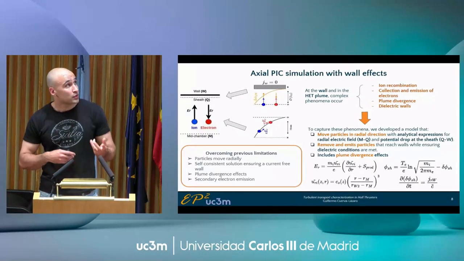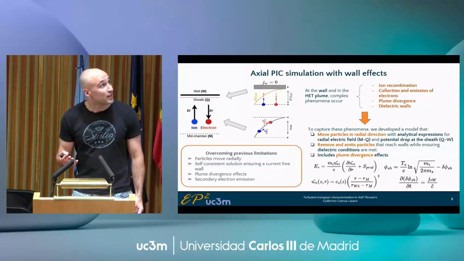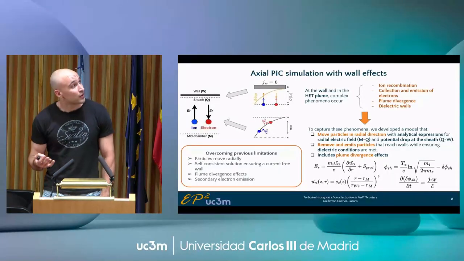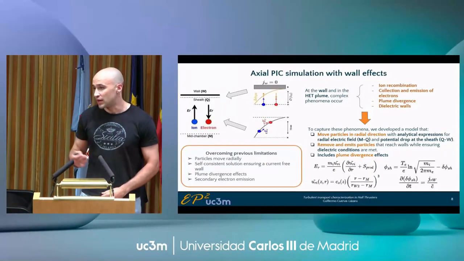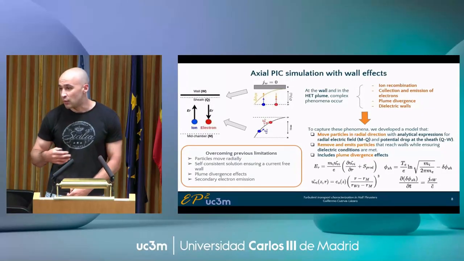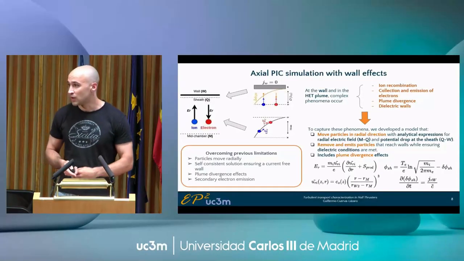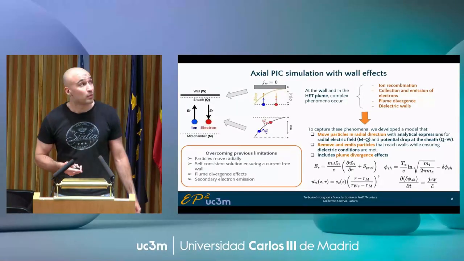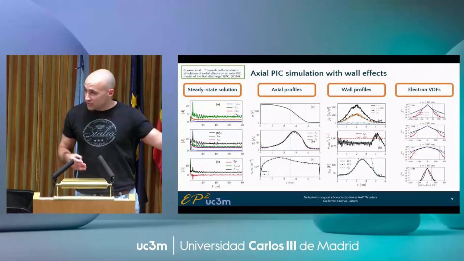So the idea is to capture these phenomena with a simplified model that moves the particles radially with an analytical expression, and removes and emits particles to ensure that you have current-free walls. It also includes plume divergence. And we did a bibliographic study to overcome the previous limitations of those attempts to model plasma wall interactions. I presented this in an IPC paper.